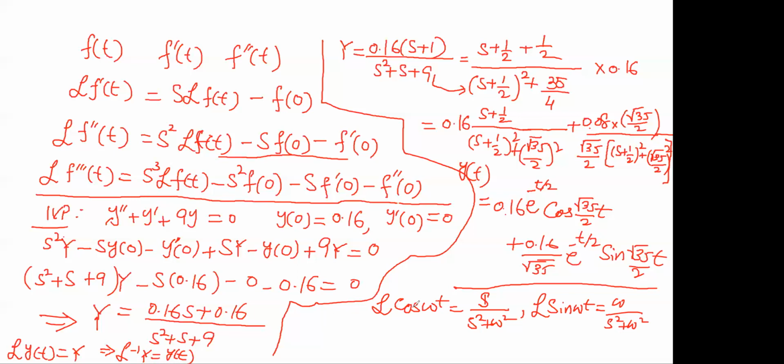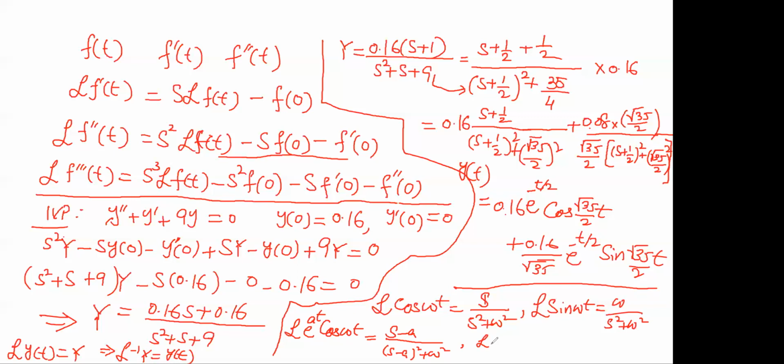And then with the shifting, for example, when cosine of omega t is multiplied by e power minus at, its Laplace will be s minus a over s minus a squared plus omega squared.